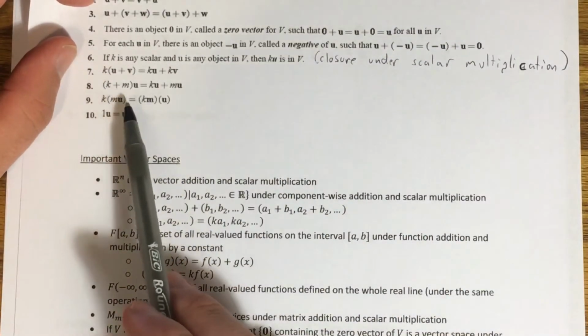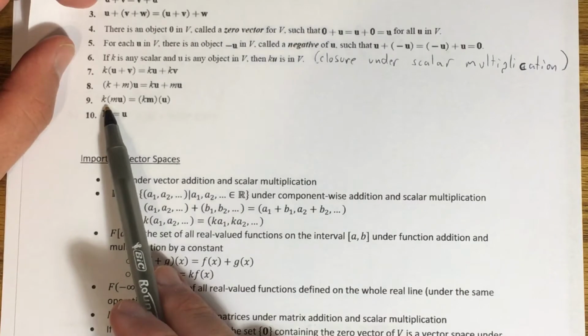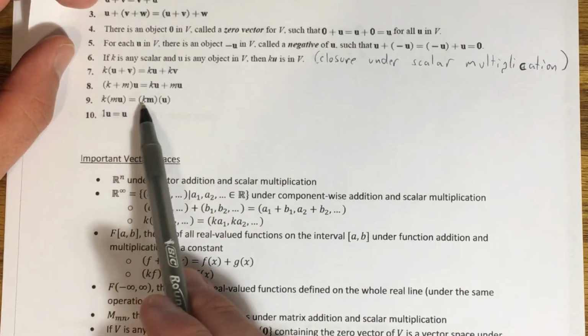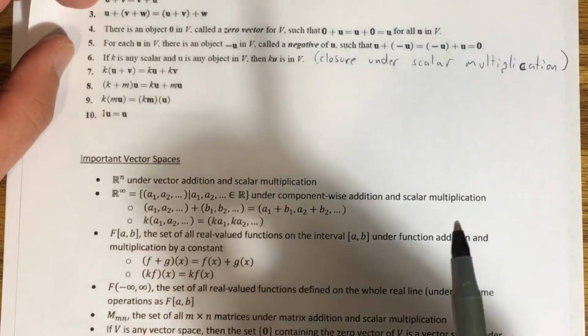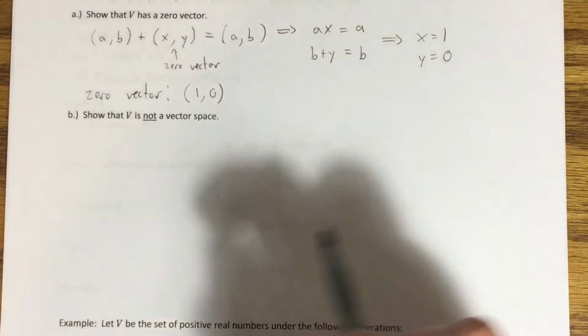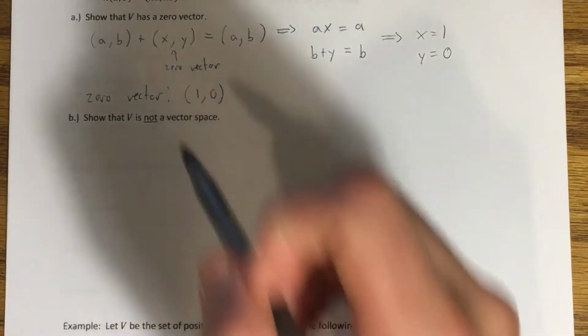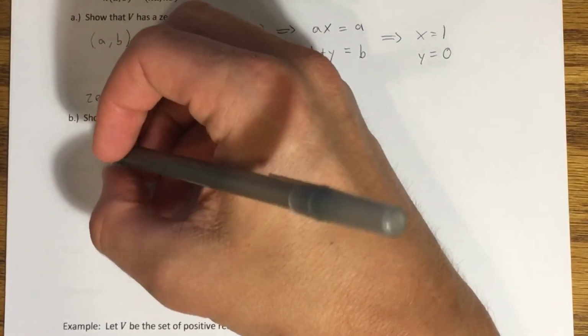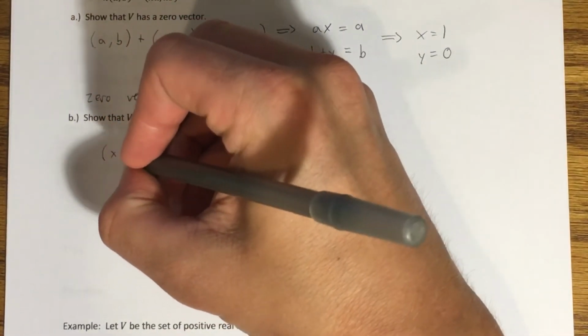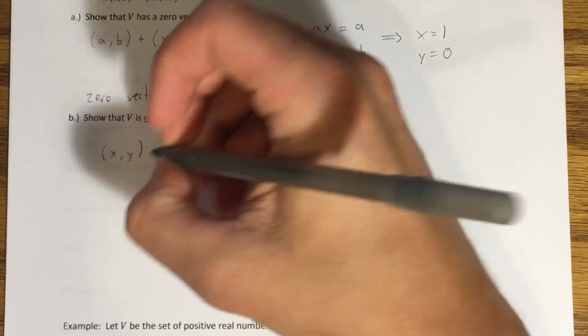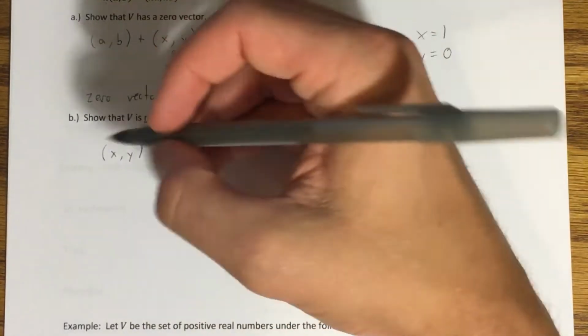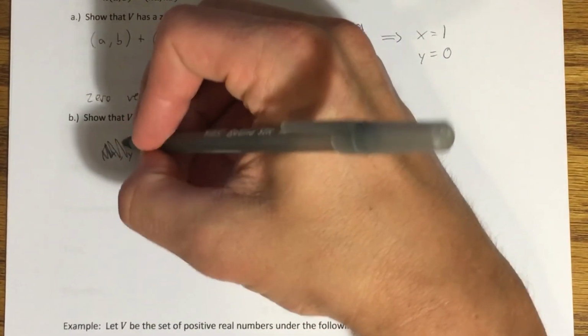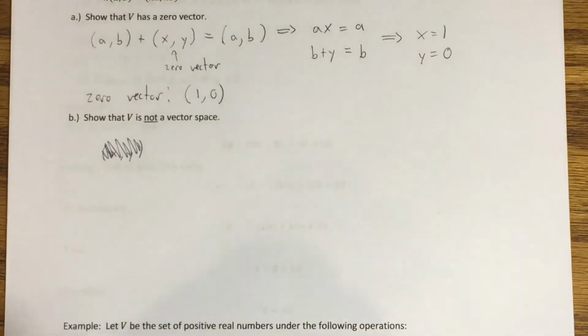Let's say Axiom 9. This one where we're multiplying by two scalars. I want to show that this one fails. So let's pick a vector in this set, or an object in this set. Let me call it (x, y). And actually, let me back that up. I'm going to stop myself here.